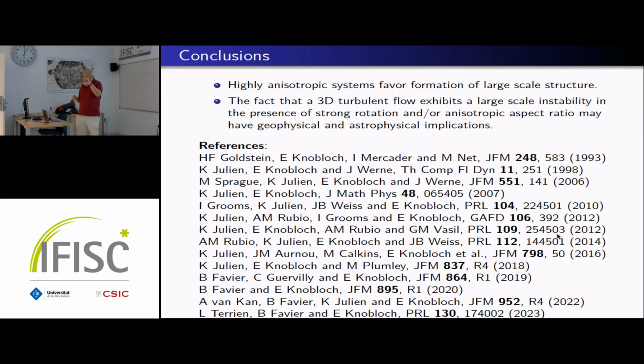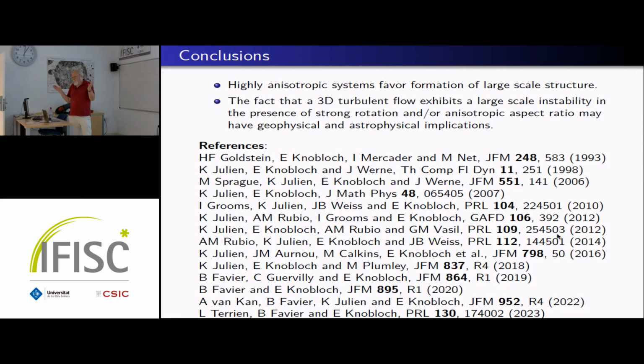If you want to know the ratio of scales, for example, in rotating convection, then the horizontal scales are of order Ekman to the 1/3. The vertical scale is of order 1. I'm trying to say if the size of the vortex is related to the anisotropy.